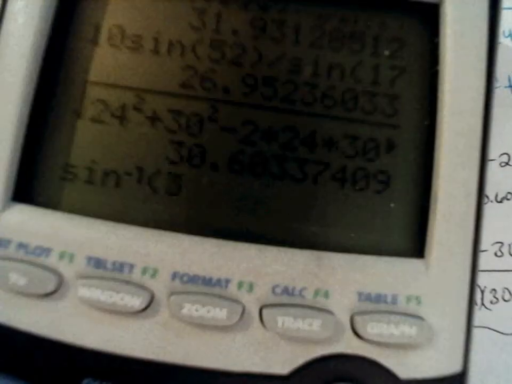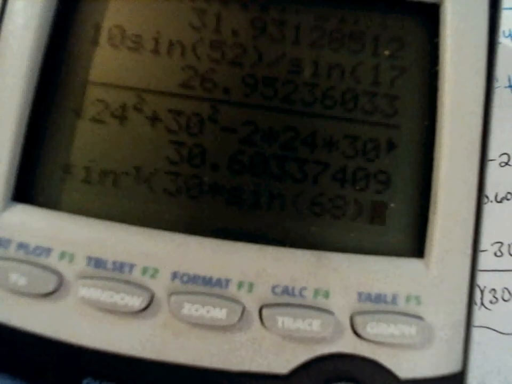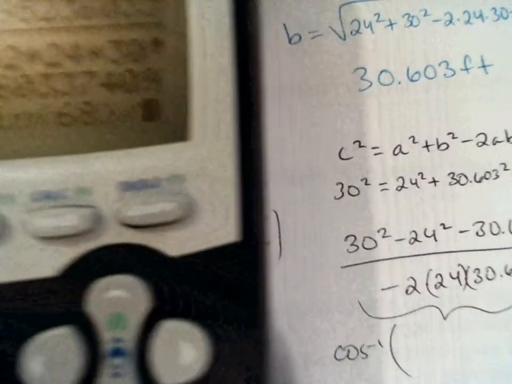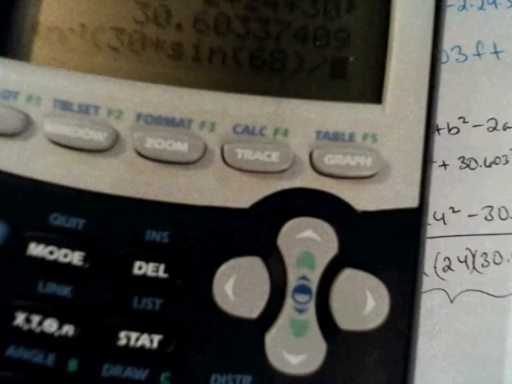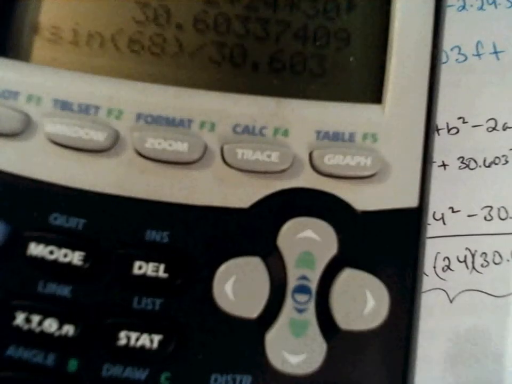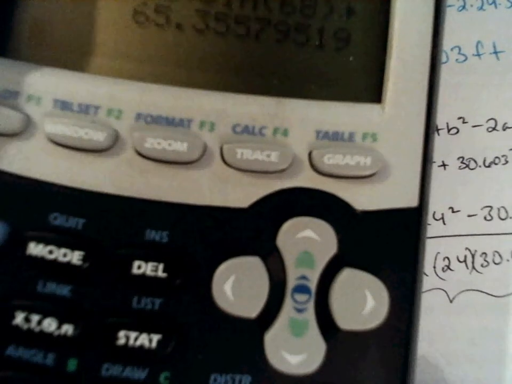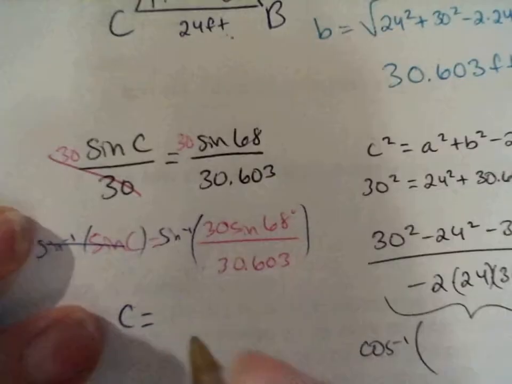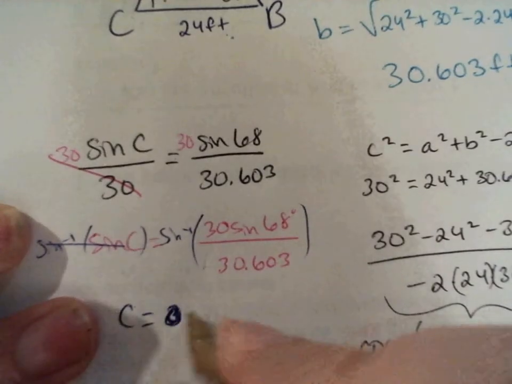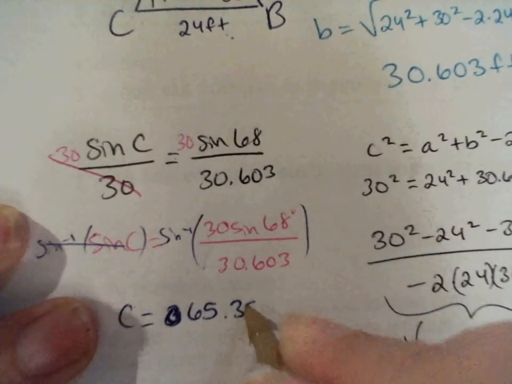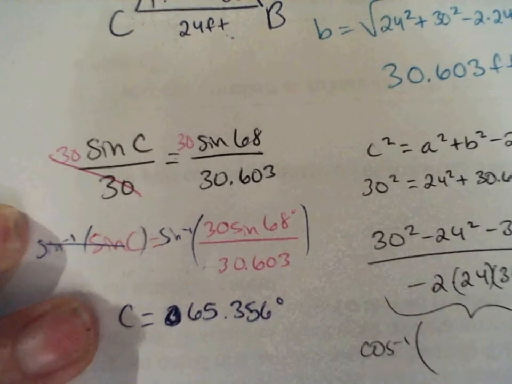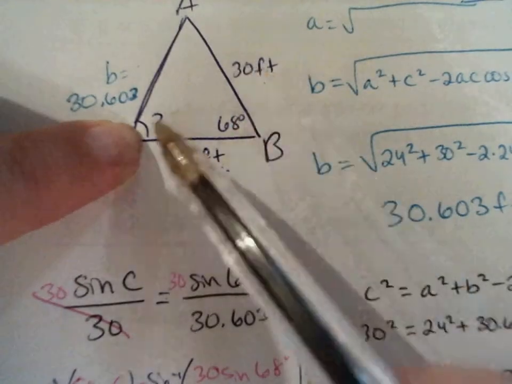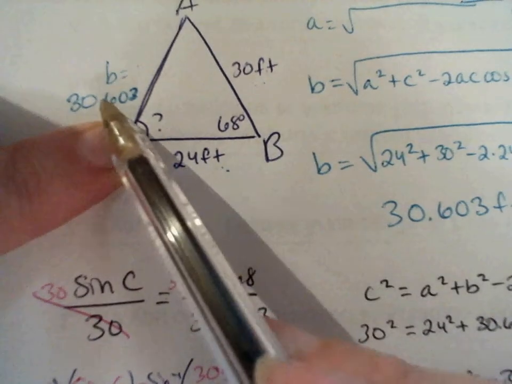So I'm going to type it in: sine inverse of 30 times sine of 68 divided by 30.603. And I get 65.356 degrees.